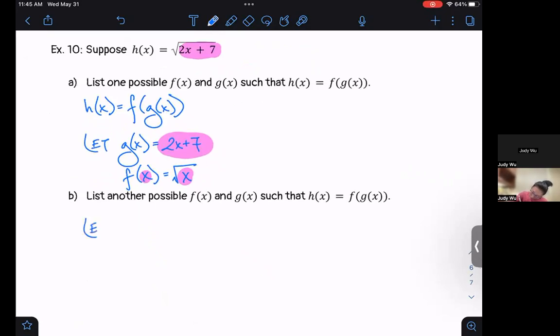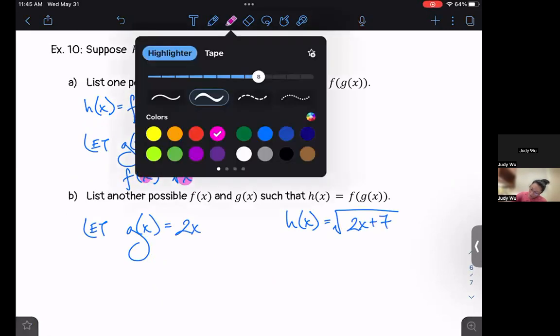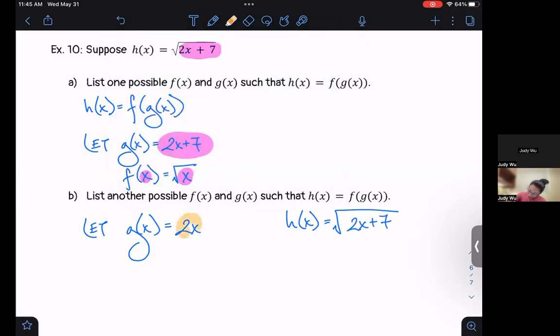Well, we could think about letting the inner function, maybe that's just the 2x part. Okay, so I'm going to write this again over here so we can color code it maybe a little differently. All right, if g of x this time is just 2x, then that means f of x has to be the square root of that thing plus 7, right?